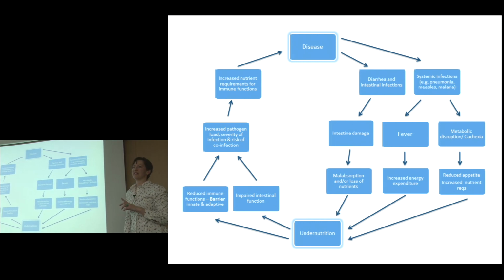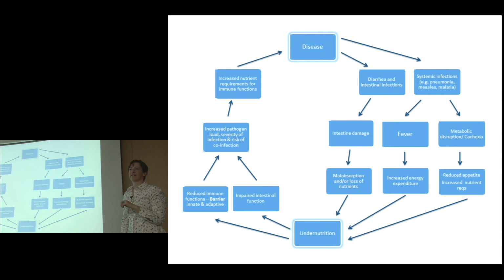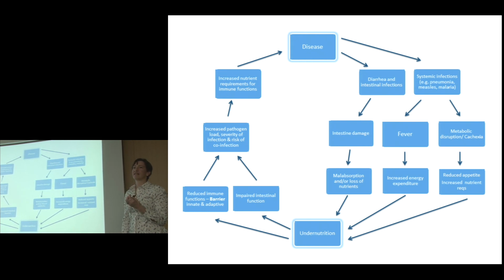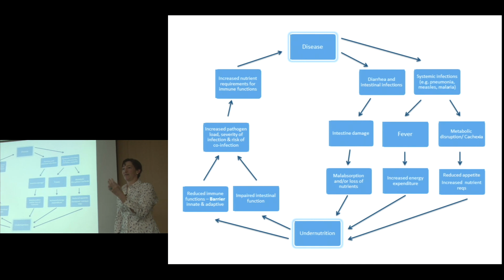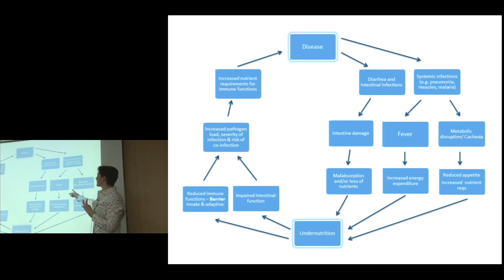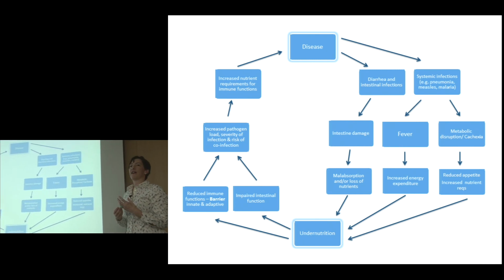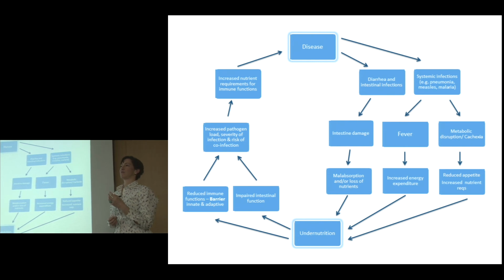For every 1 degree increase in body temperature, the basal metabolic rate increases by 13%. So if the normal temperature is 37.4 degrees and you've got a fever of 40 degrees, your metabolic demands have gone up massively just in terms of energy. Another extra detail is that during that fever and inflammation, you make acute phase proteins, one of which is called CRP, or C-reactive protein.